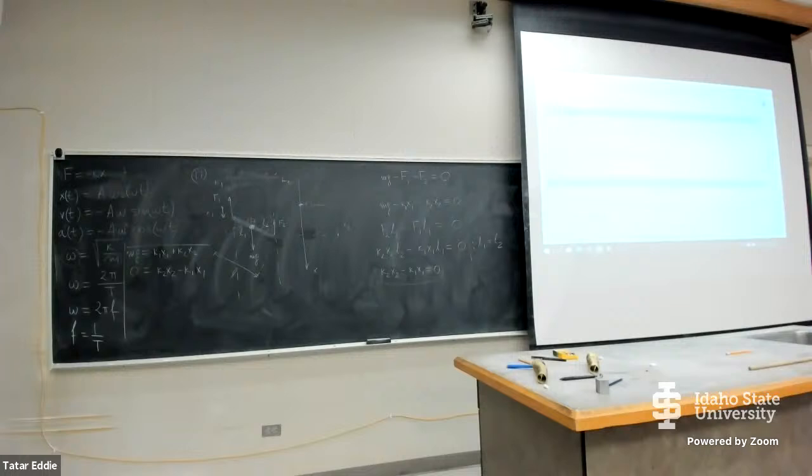So I have two equations with two unknowns, x1 and x2. From those two equations, I can find the unknowns, x1 and x2.